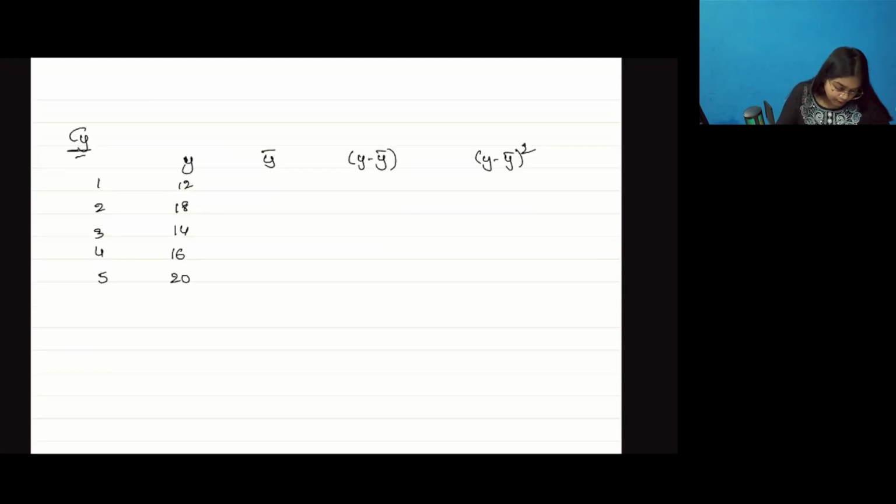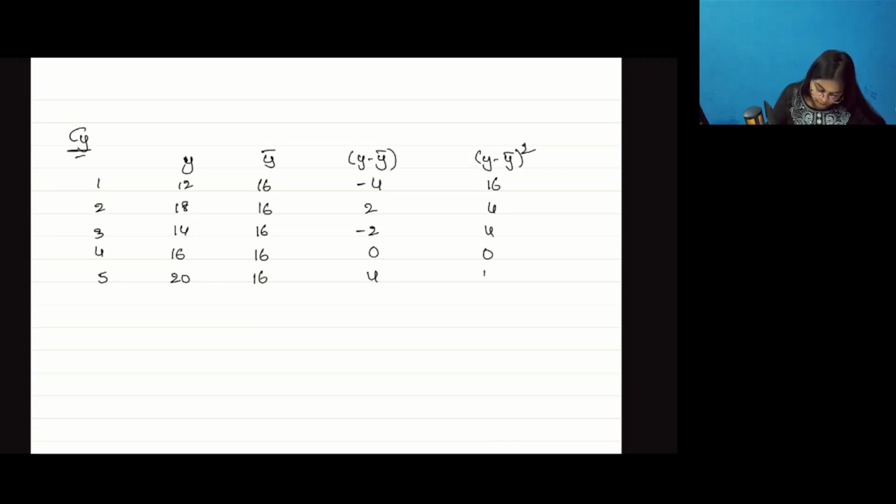For y bar, the simple average of all the 5 years, 12 plus 18 plus 14 plus 16 plus 20 divided by 5, is 16. So y minus y bar is minus 4, 2, minus 2, 0, 4. The squares are 16, 4, 4, 0, 16, that is 40.